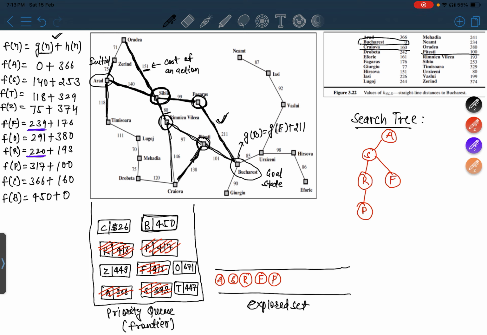Since both c and b are already in the frontier, but there is still chance of updating their cost, right?